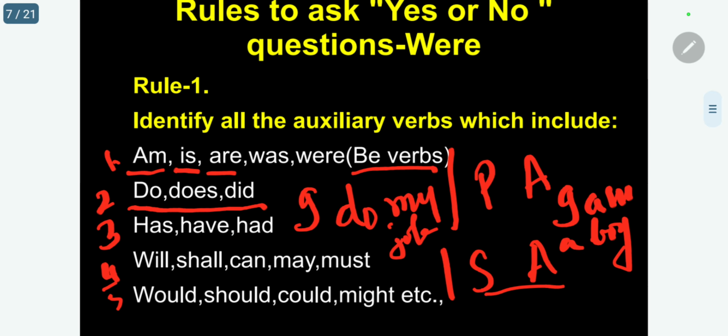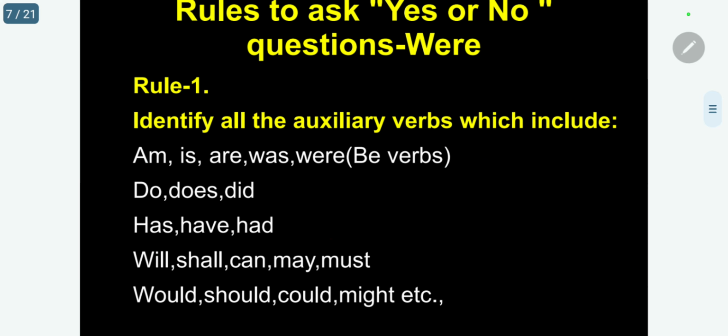Has, have, the third primary auxiliary type, present tense; had, past tense. Another important piece of information, kindly follow: even though I is singular, it will not use has. Only have is used with I. Kindly follow. I have a pen.